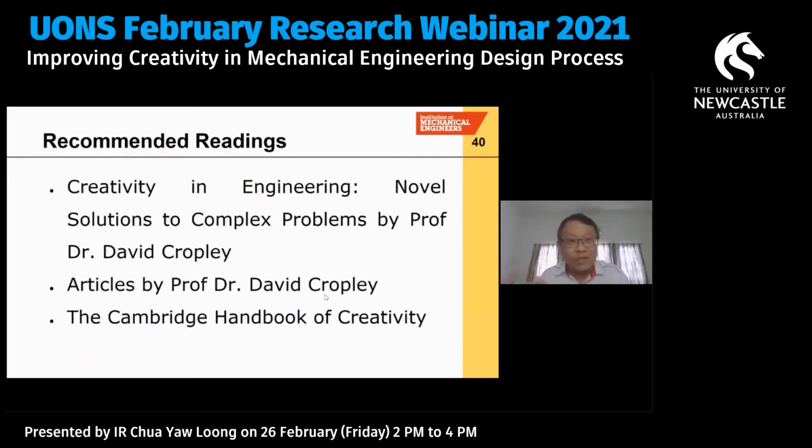There are 2 famous Cropley researchers, Arthur Cropley and David Cropley. Both are also good. There is also a particular handbook on creativity published by Cambridge University Press. This handbook is going to give you very thorough information about creativity.